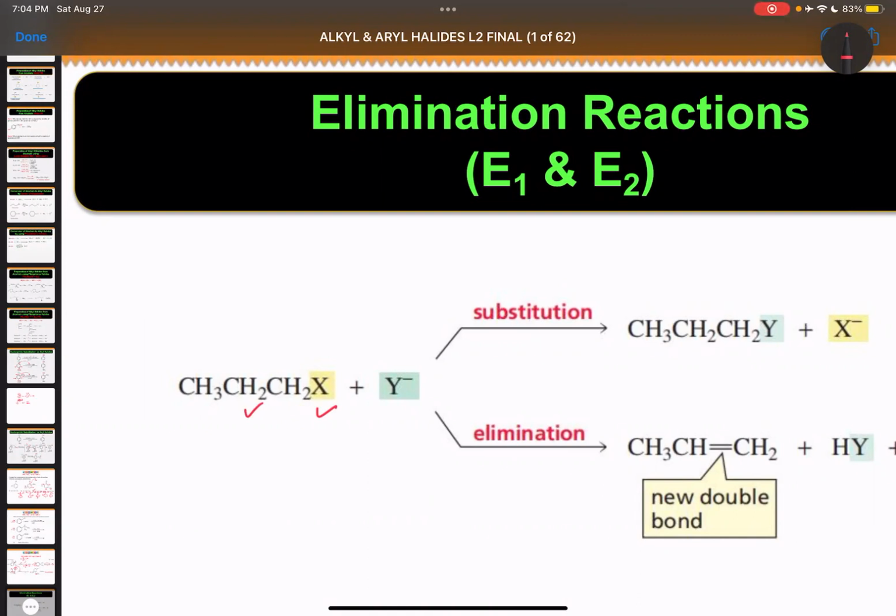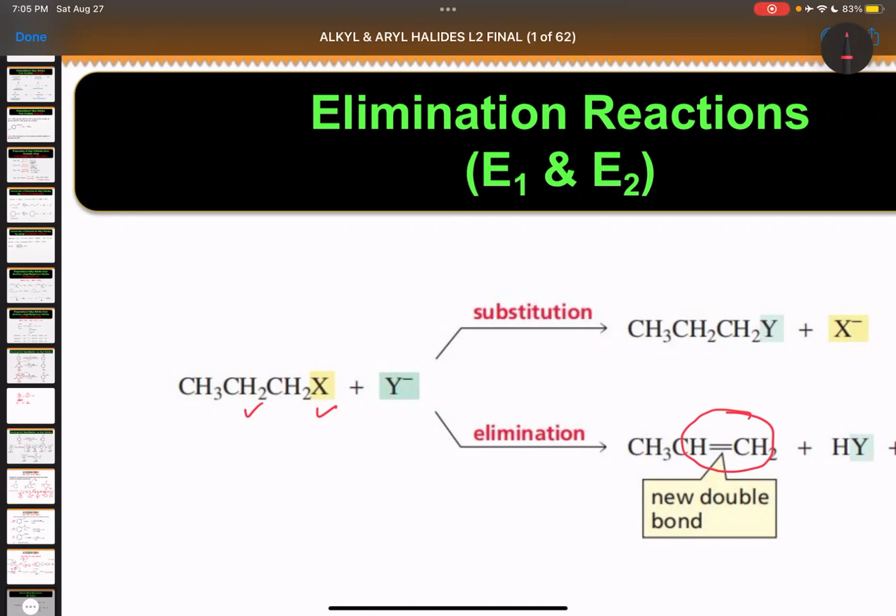What will happen to the two bonds through which the two groups were connected? Those bonds will connect among themselves and this will lead to the formation of a new double bond in the structure. Is it clear? This is called an elimination reaction.